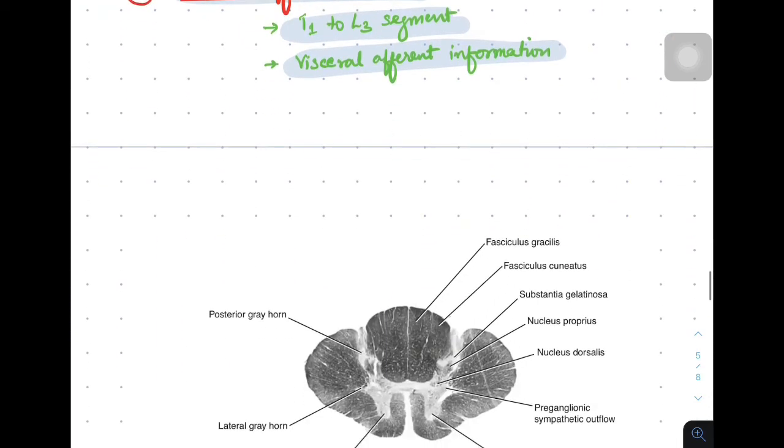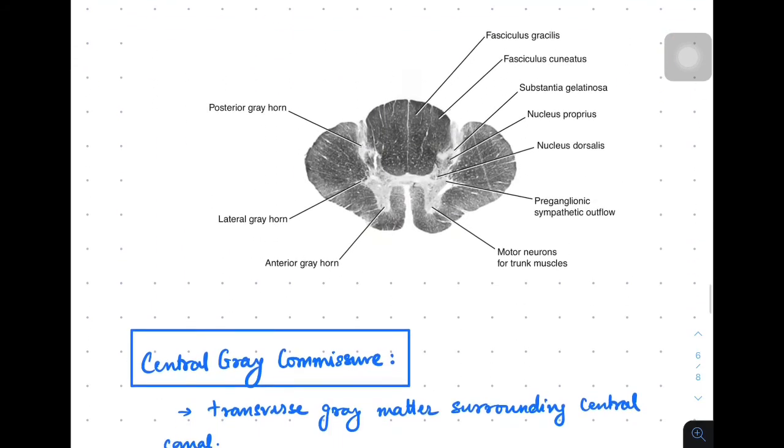Now we'll see the diagram which shows all of this. So we have the substantia gelatinosa at the apex of the posterior horn, then anterior to it we have the nucleus proprius, a little anterior and medial we have the dorsalis, and a little lateral to it we'll find the visceral afferent nucleus.